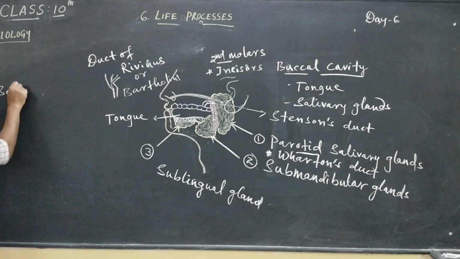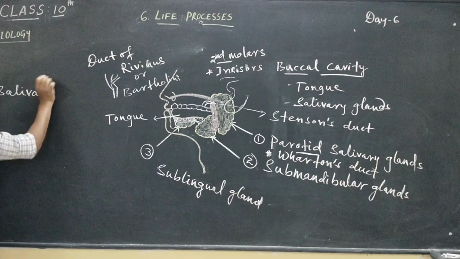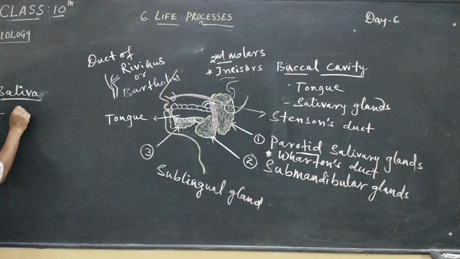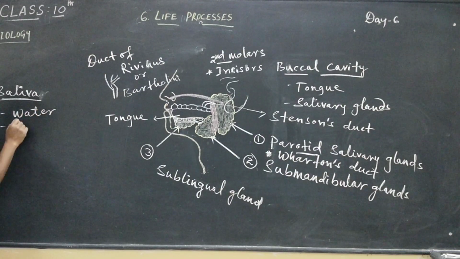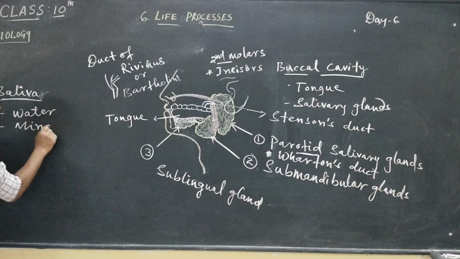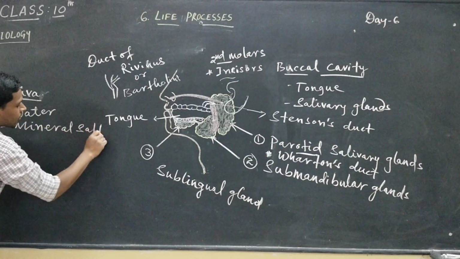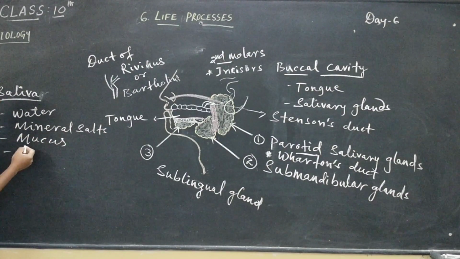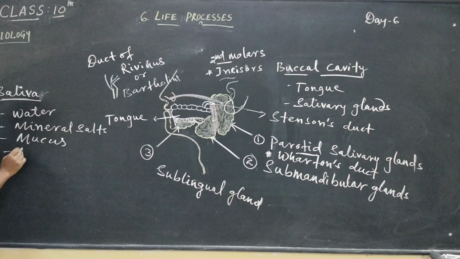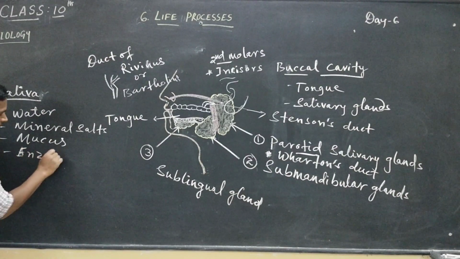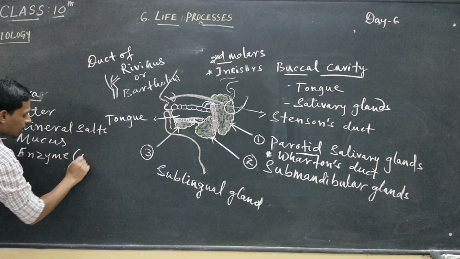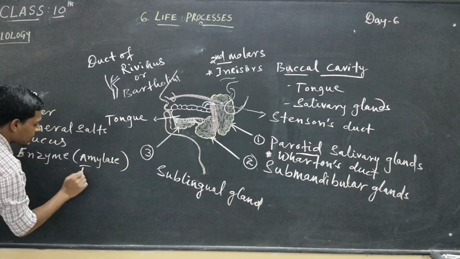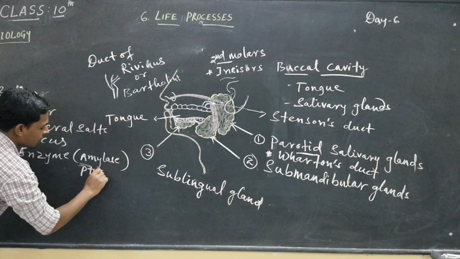Now, the chemical composition of the saliva would be, first, water, next mineral salts, next mucus, and an enzyme known as amylase, also known as ptyalin.